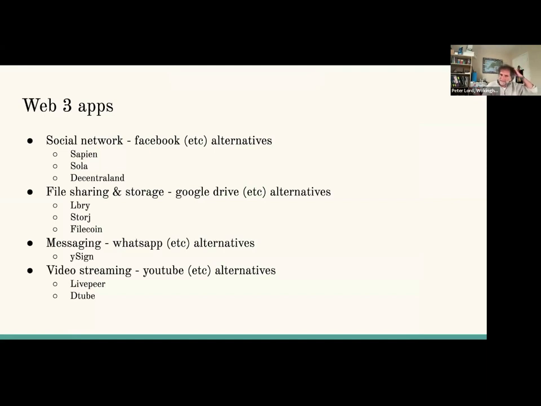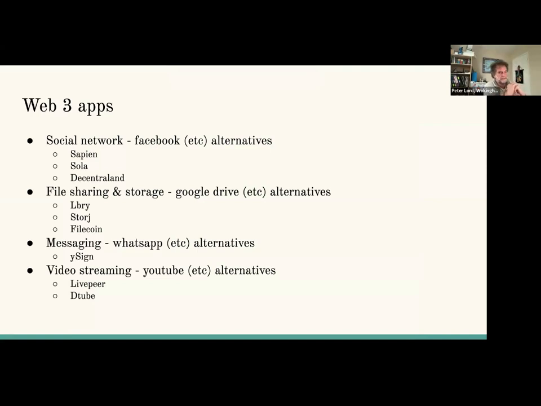Now, I'm not going to go through these in detail, but I don't want to give the impression that Web3 applications are only financial. There's a number of social networks that are Web3 style applications, so the data is on the blockchain instead of on a server. These are broadly Facebook alternatives, if you like.